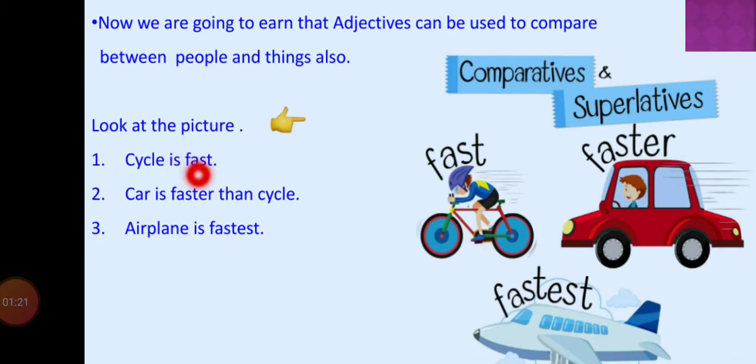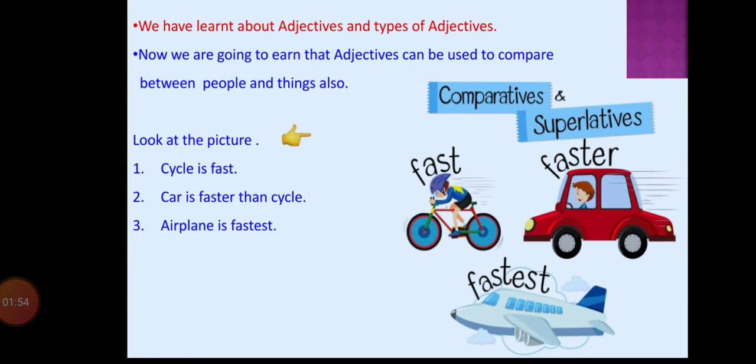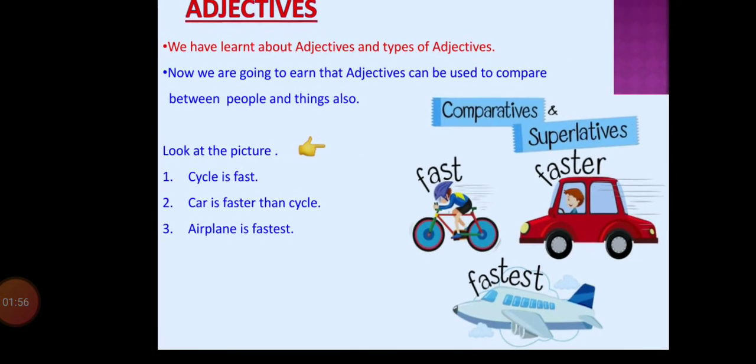But when we compare car with cycle, what do we say? Car is faster than cycle. To show the comparison we used the adjective faster. And the last one is: airplane is fastest. Among all the vehicles, airplane is fastest.